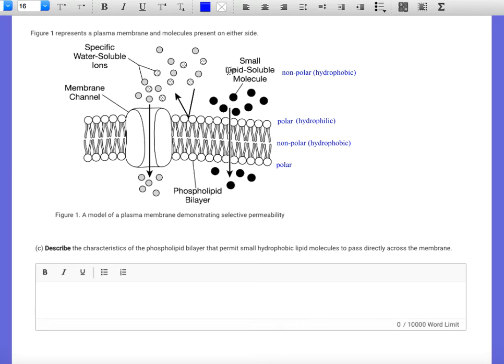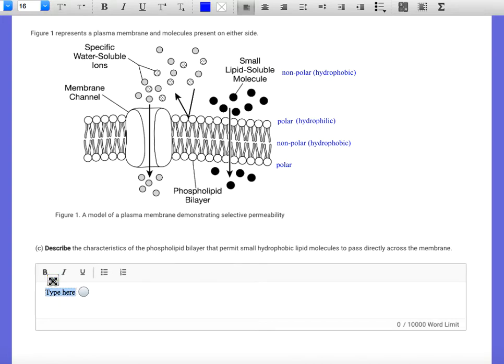They interact weakly with the hydrophobic chains, and since like dissolves like, they get right through because they're small and nonpolar.